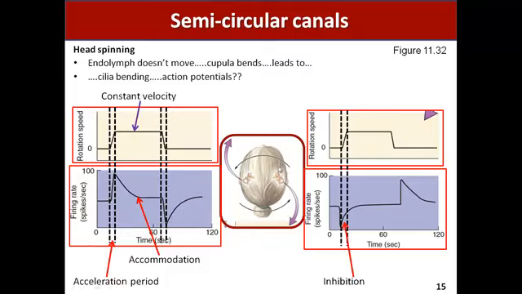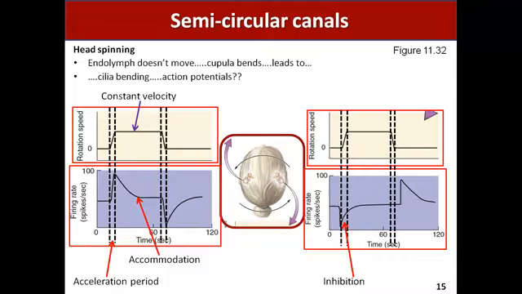Because the head is rotating in the left direction, we see the same acceleration period, but the firing rate of the right-sided semicircular canal axons drops to close to zero at the start of that acceleration. That results from the opposite bending of the stereocilia away from the kinocilium, resulting in that hyperpolarization.